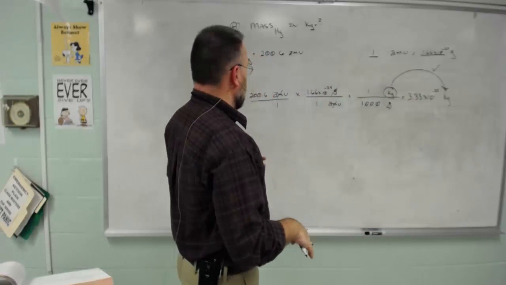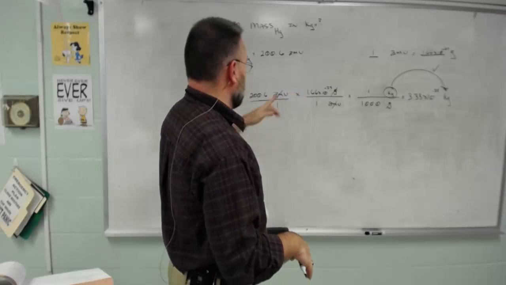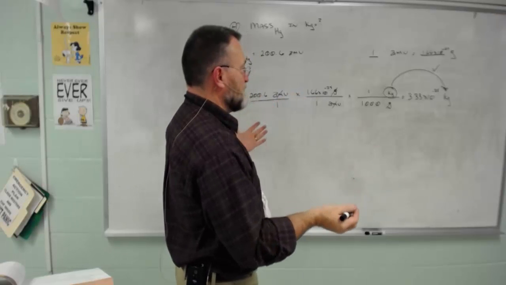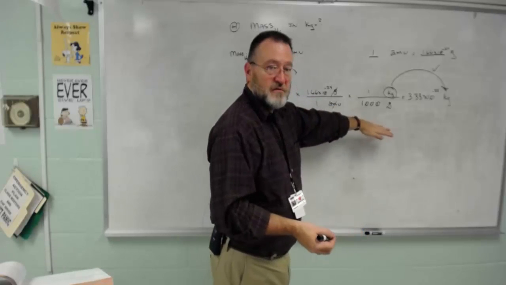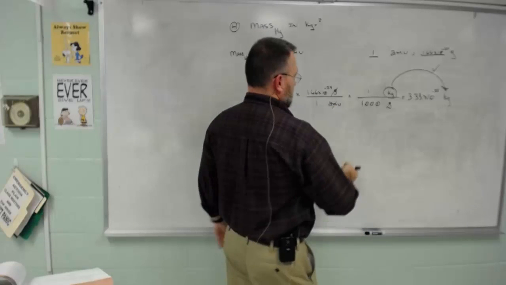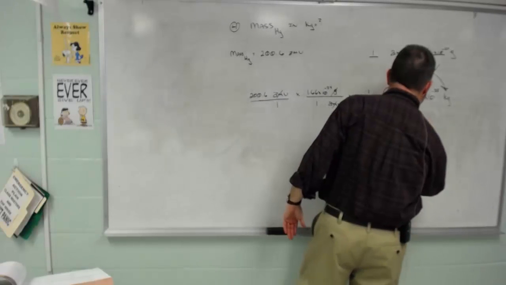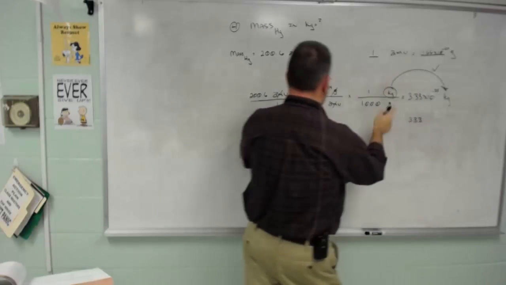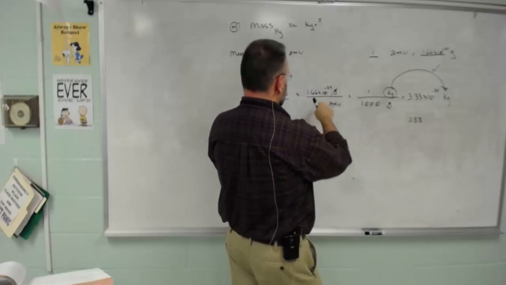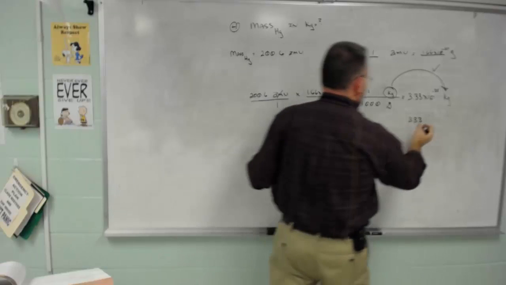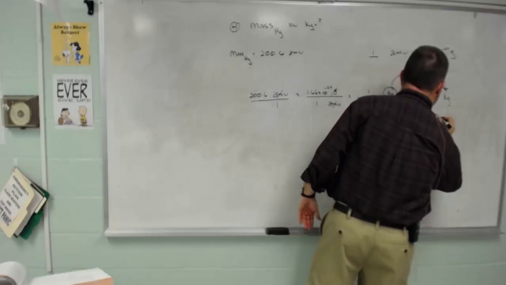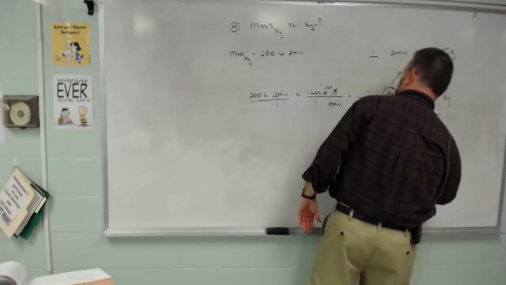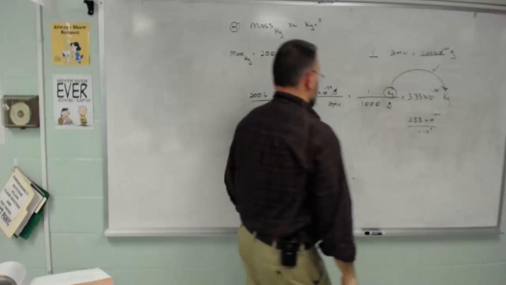Okay. And my scientific notation, 333 divided by 1,000, well, let's say it's 333. Let's just say that that does work out to be the math part of it, 333. Now my scientific notation, I have times 10 to the negative 24th divided by 1 times 10 to the third. This one right here, see?